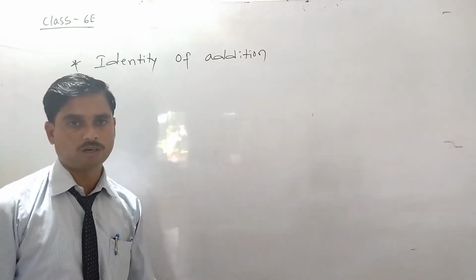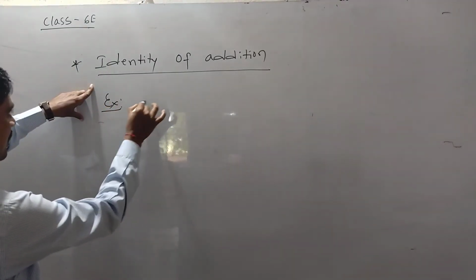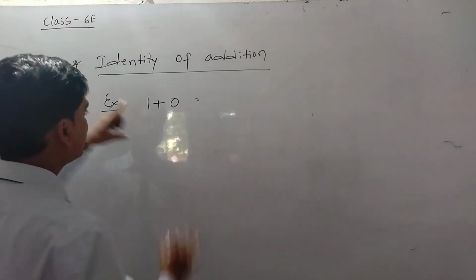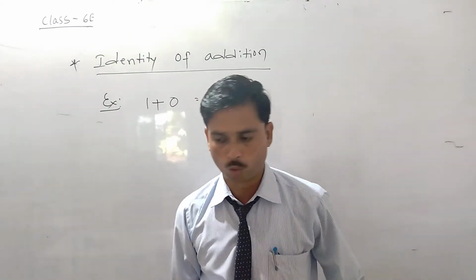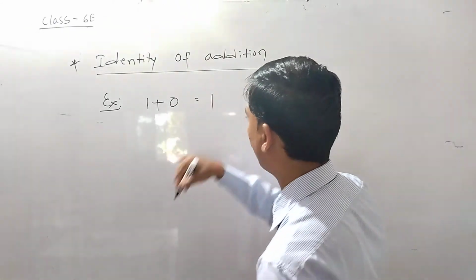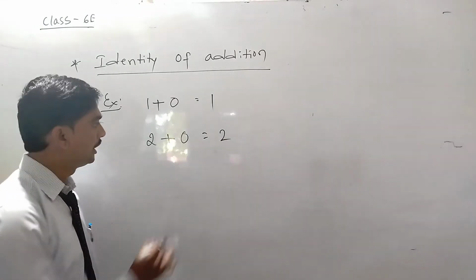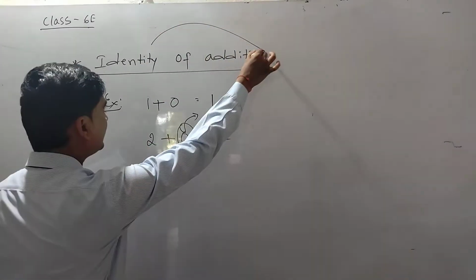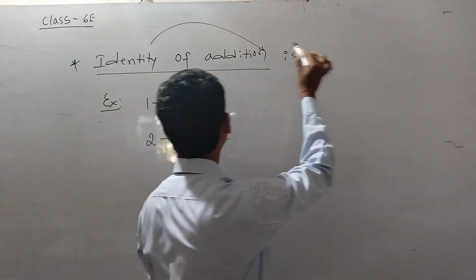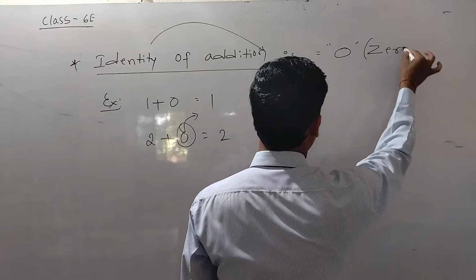Identity of addition means what? Okay, remember dear students, identity of addition means, example 1 plus 0. Any number we add with the 0, the answer is always that number. 1 plus 0 is 1. Then 2 plus 0 is equal to 2 only. 0 has no value. That is called identity of addition, which is 0.